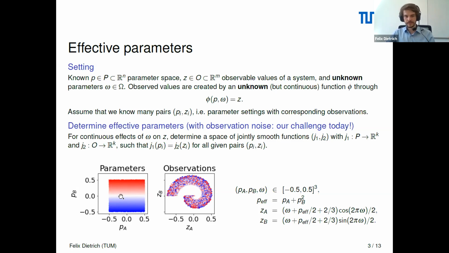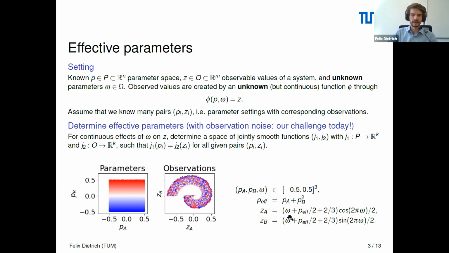So apparently, only knowing PB is not enough to know anything about the observations. Okay, so let's say, and in this case, of course, this is because PB enters as a square into the effective parameters and is smaller than 1. So PA is certainly more effective in causing these observations.